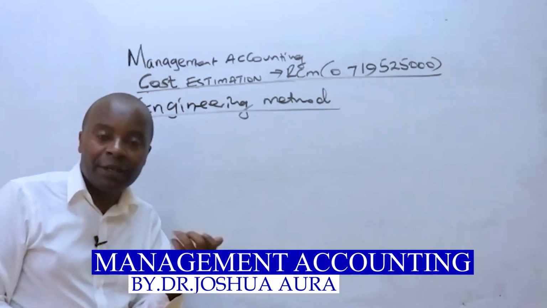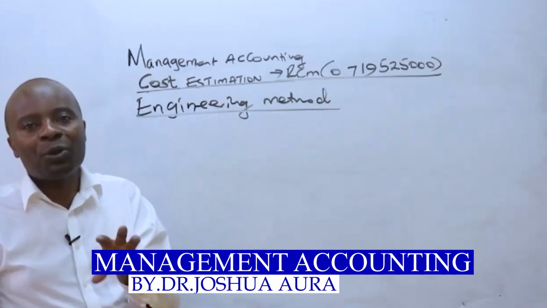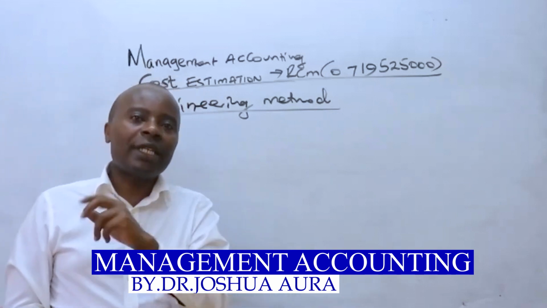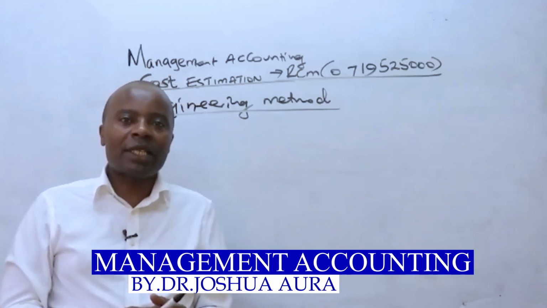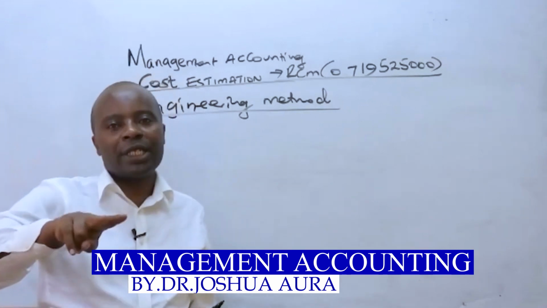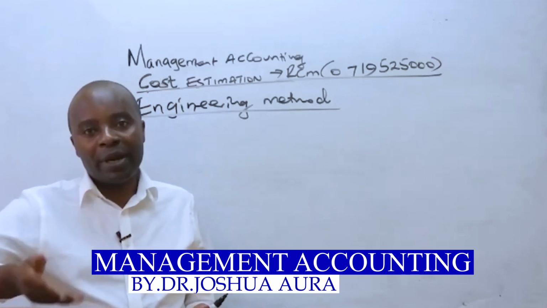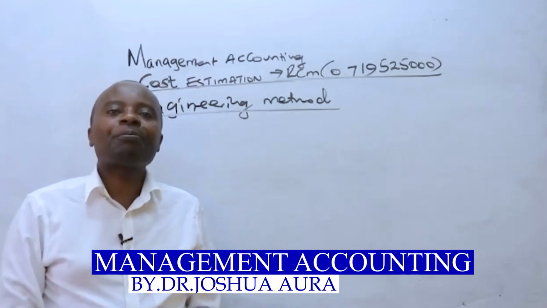Whenever I hear of engineering method, I remember a very important scholar called Frederick Taylor in a subject called strategy, governance, and ethics, which we'll be doing after 2 years or 1 year from today, depending on whether you're combining or we're doing one section at a time.